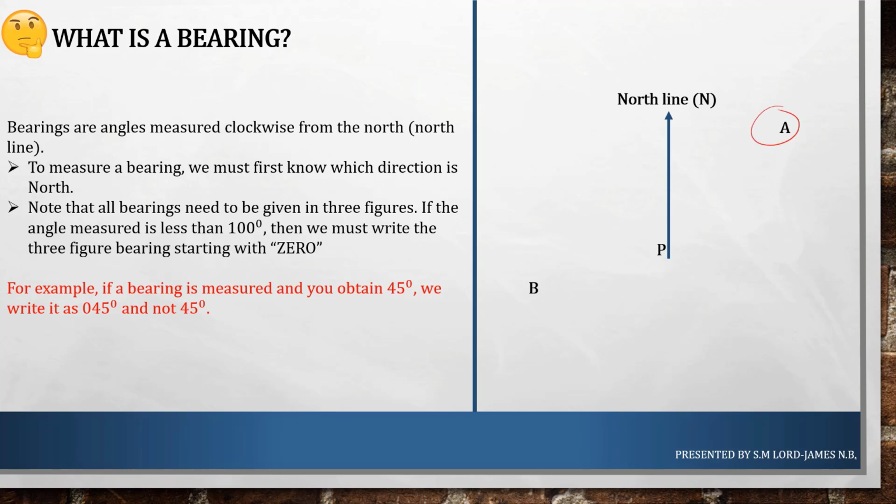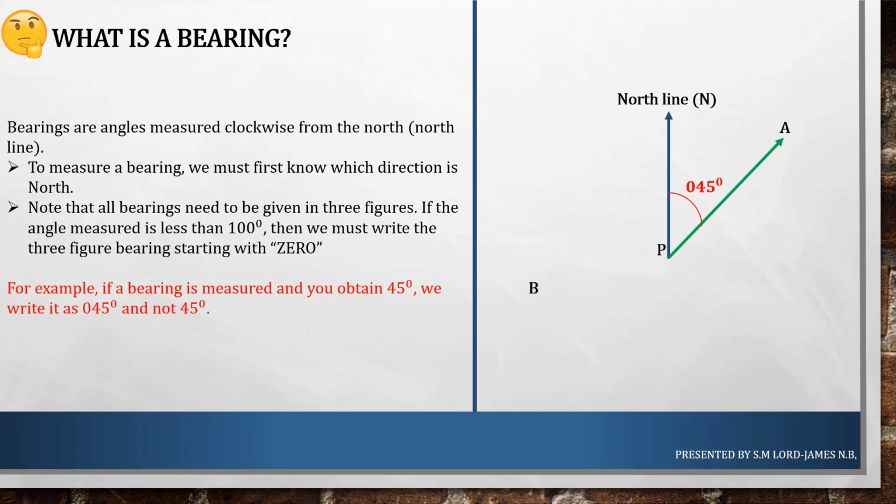If we want that of A, we are going to measure the bearing of A from P. It is a given angle in the clockwise direction. So you see, if we link from P to A, this clockwise angle is what we call the bearing of A from P. Let's give it a value. Let's call it 045 degrees.